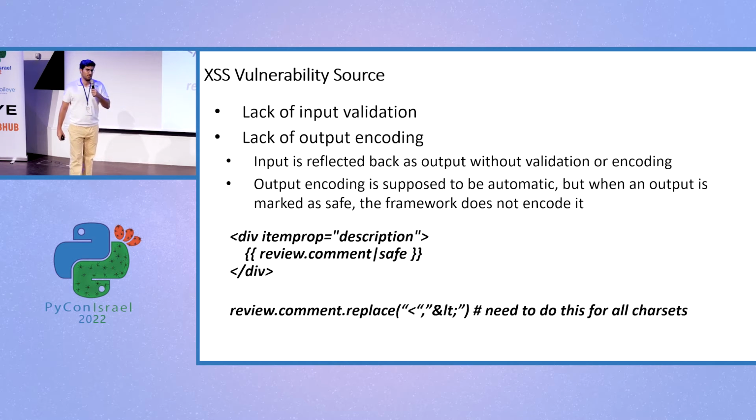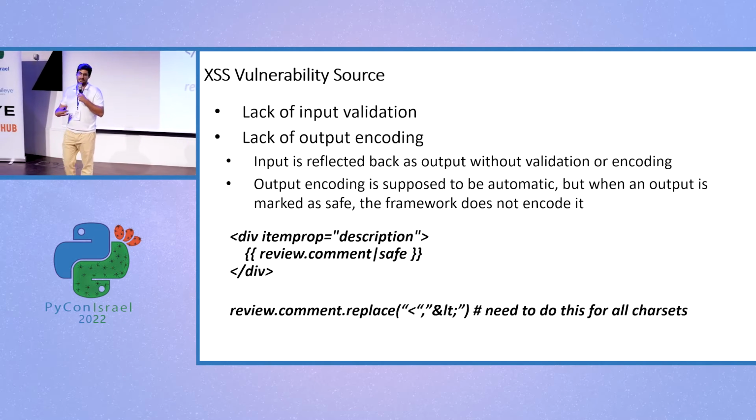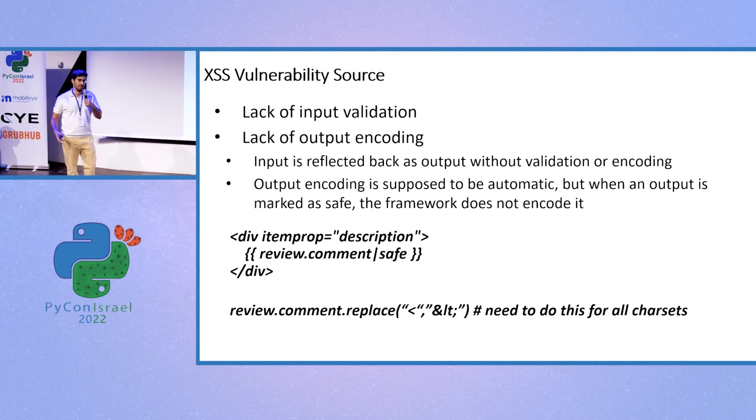In frameworks like Django or Jinja, it usually happens due to the developers choosing to disable the automatic encoding mechanism. So in Django, you have the filter that's called, ironically, safe, which makes the entire template unsafe. Safe meaning that the data was checked by the developer to be safe beforehand. If you want to do it manually, you have to replace special HTML characters with their appropriate representation.